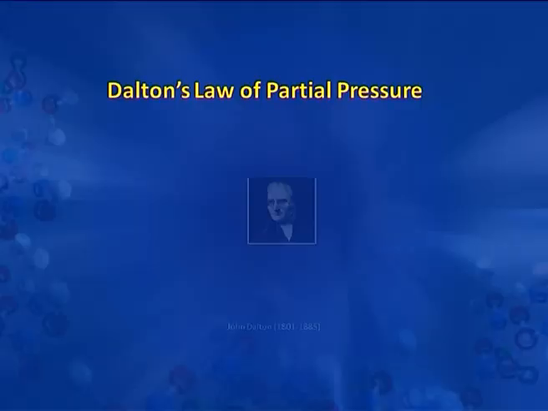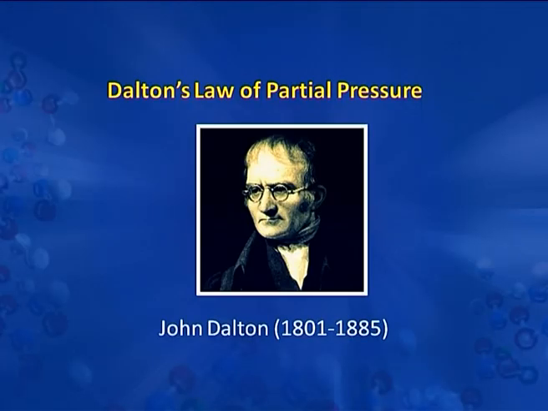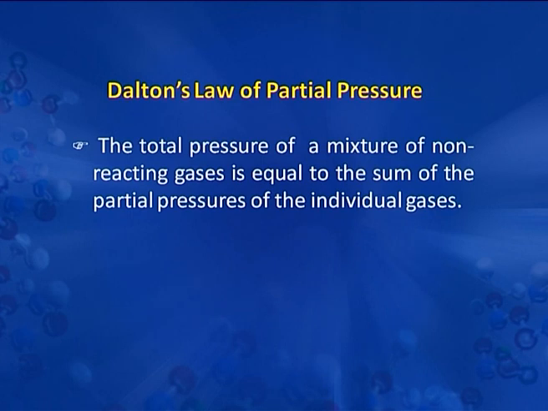Now, let us discuss next Dalton's law of partial pressure. John Dalton proposed a relation for the total pressure of a gas mixture. He states that the total pressure of a mixture of non-reacting gases is equal to the sum of the partial pressures of the individual gases.